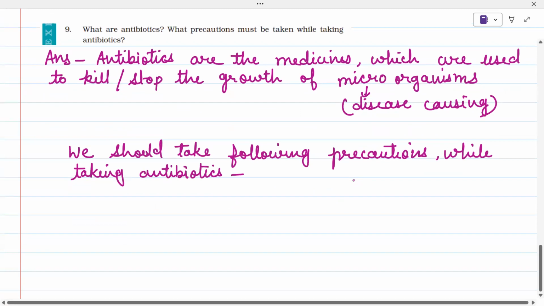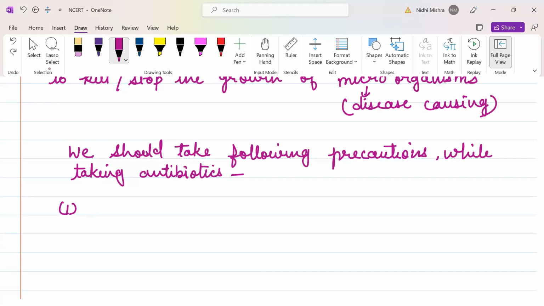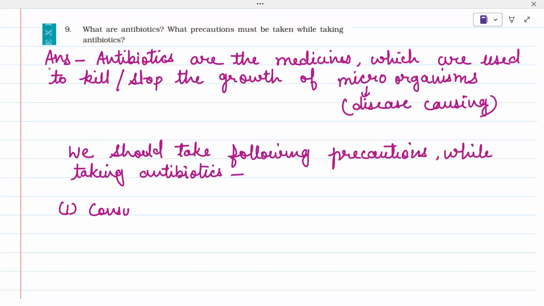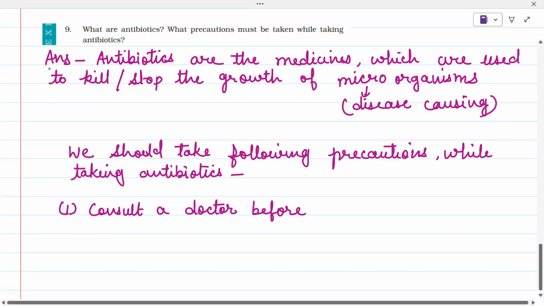So let's write number one, consult a doctor before taking antibiotics.